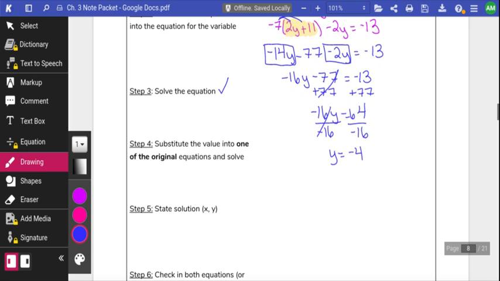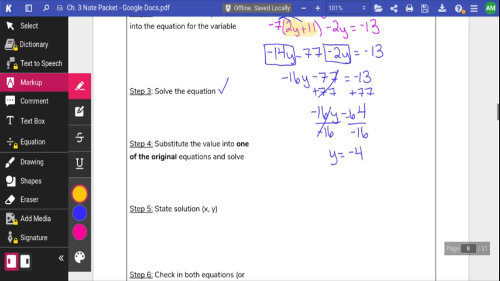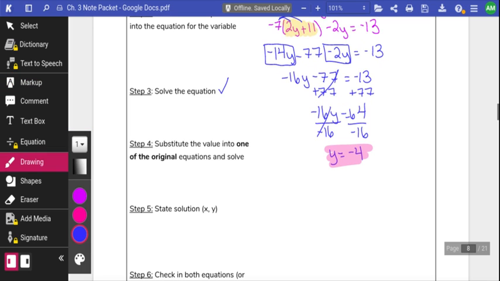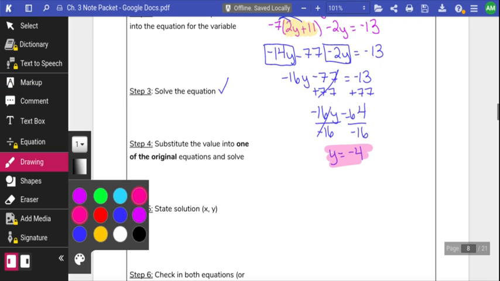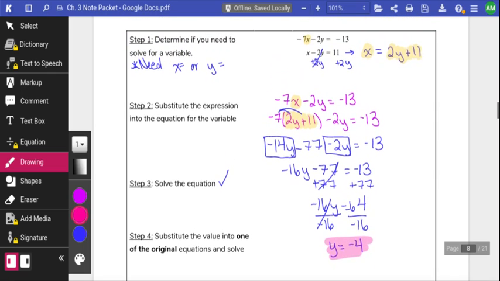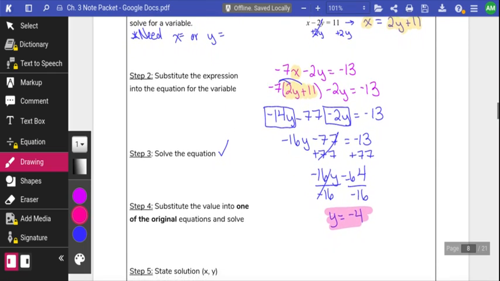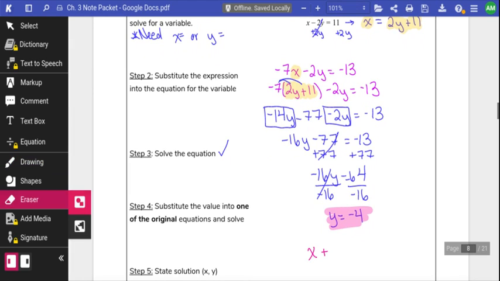Now I need to substitute that value into one of my original equations to solve for my other variable. So let's look at one of these original equations. Which one looks better? Probably the second one. So I'm going to copy down the second equation. Oops, that was a minus.